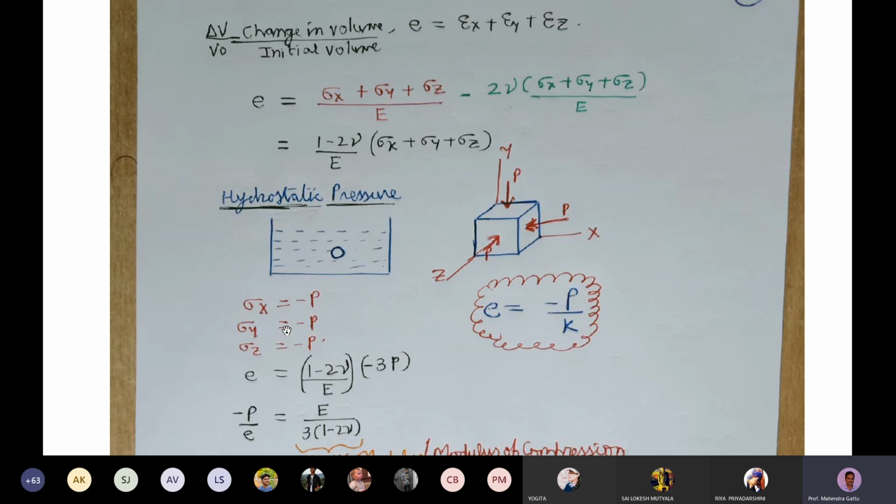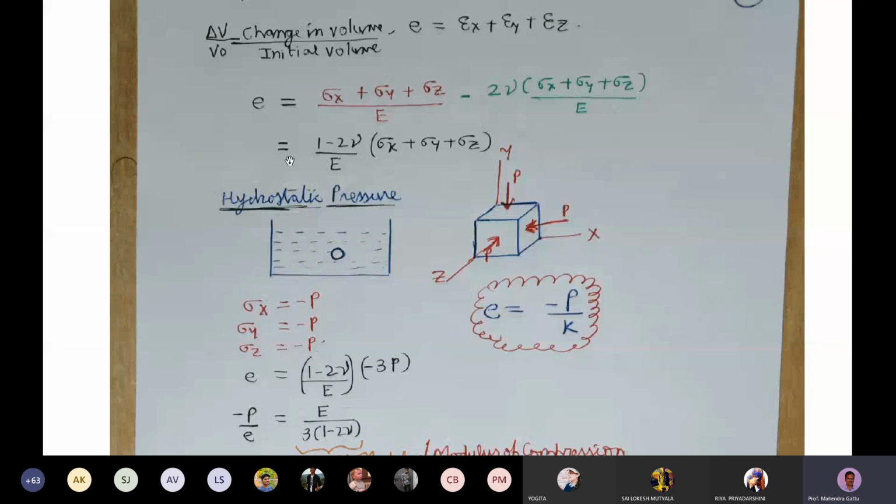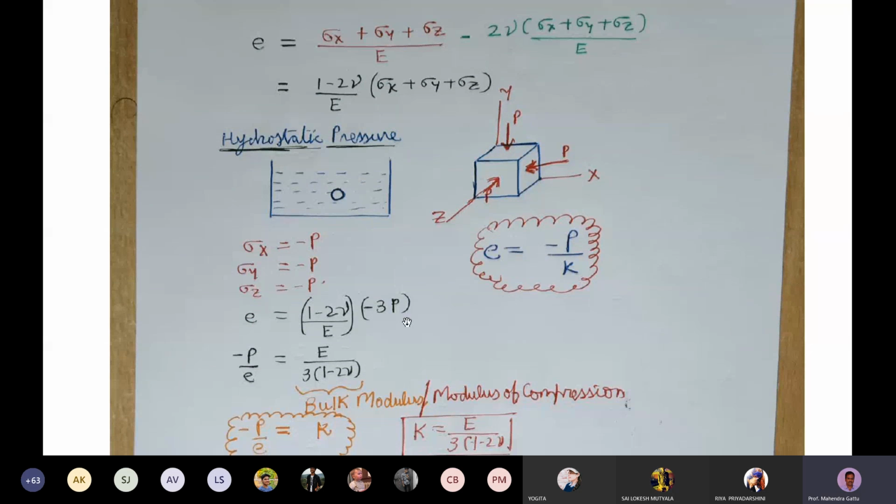So we have sigma x is minus p, sigma y is minus p, and sigma z is minus p. So we can apply the dilatation relation. So E will be 1 minus 2 nu by E, times minus p, minus p, minus p. So we'll have minus 3p. And what we can do is have minus p by E on the left hand side, and E by 3 of 1 minus 2 nu on the right hand side.